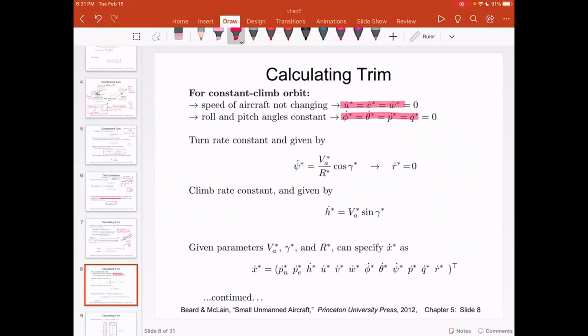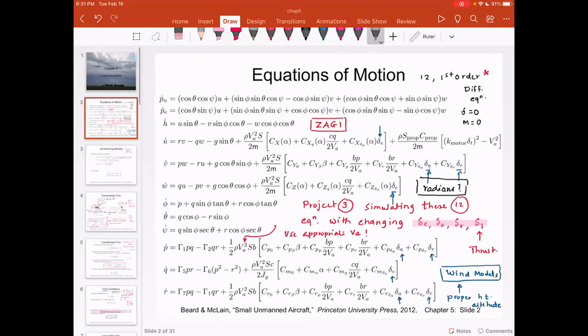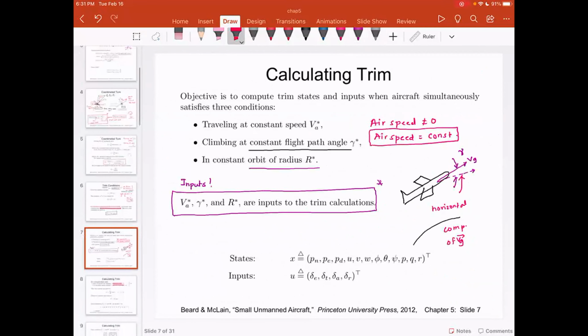So what I want you to do is take note of this: u dot, v dot, w dot, phi dot, theta dot, p dot, and q dot will be substituted in these equations of motion. So please note, on the left hand side, you see these variables. These will be treated as zeros.